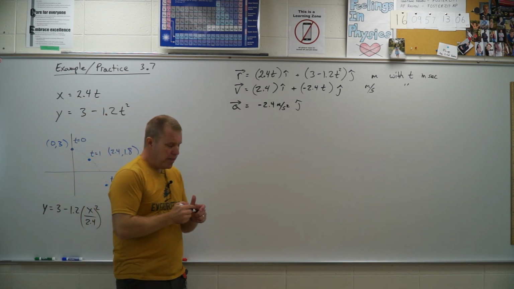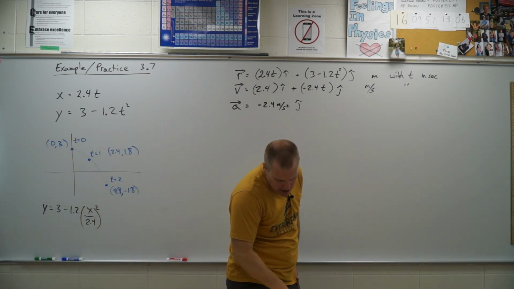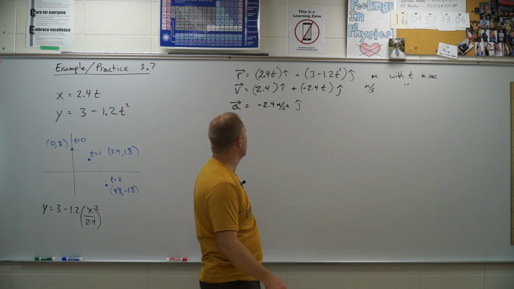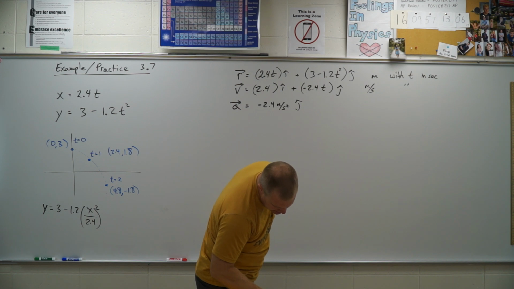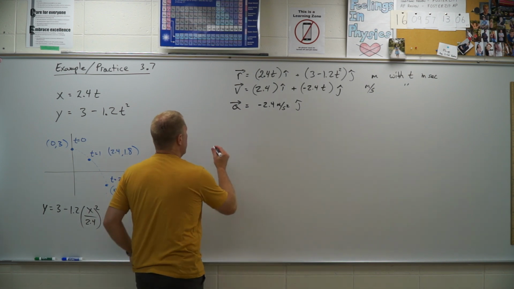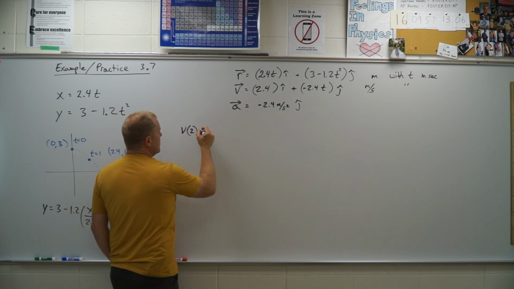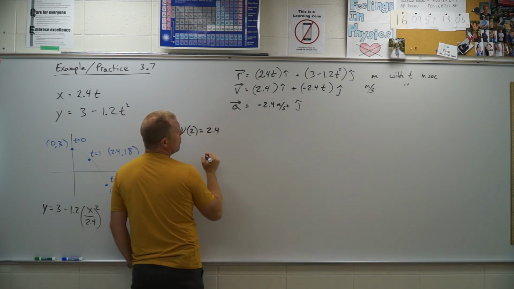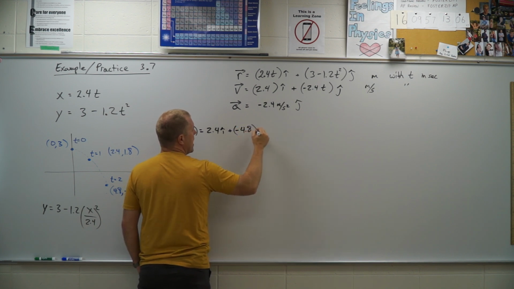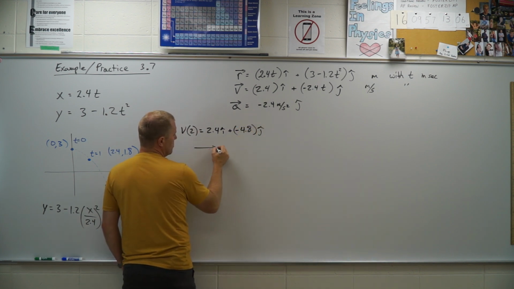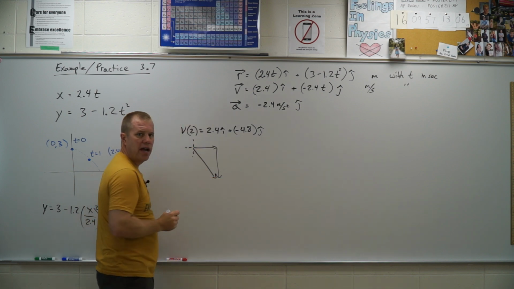All right, now they also want you to calculate the magnitude and direction of the velocity and the acceleration at a specific time. Specifically, was it 2 seconds they asked you for? All right, so I need the velocity at 2 seconds. You can plug in your information. You get 2.4 i hat plus negative 4.8 j hat. Go ahead, draw those two components, and then you need to find the magnitude and the direction.